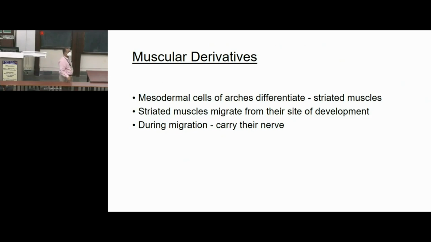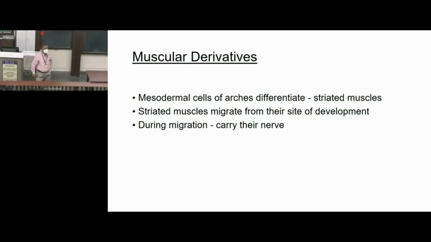Give example. Now, one is diaphragm. It may not be directly related to pharyngeal arches, but diaphragm develops in the head and neck, but descends down to the junction between thorax and abdomen, but carries the nerve with it. So, phrenic nerve supplies diaphragm.